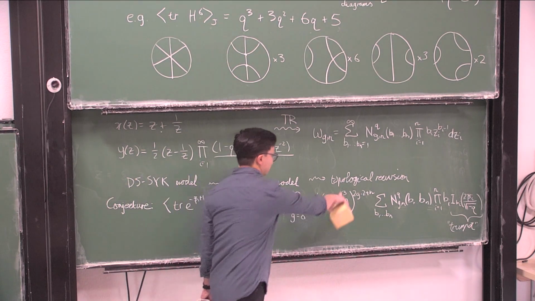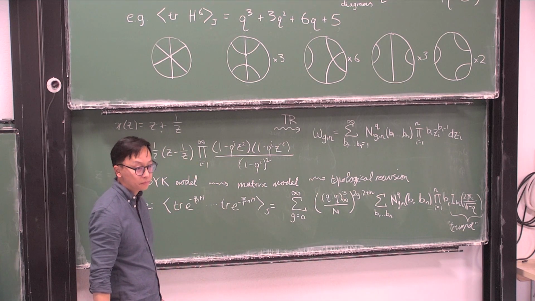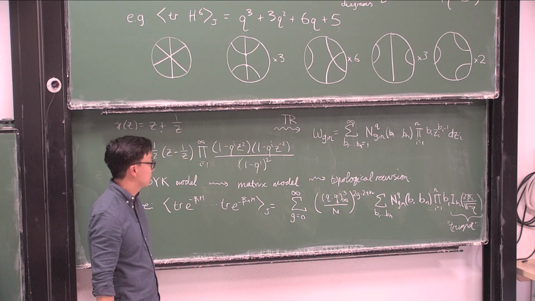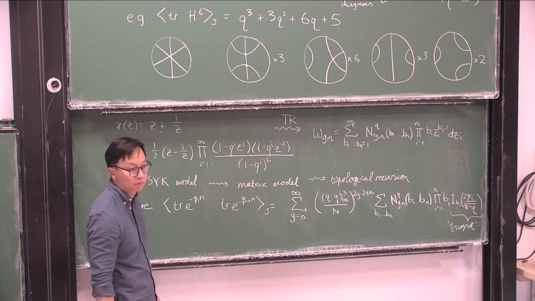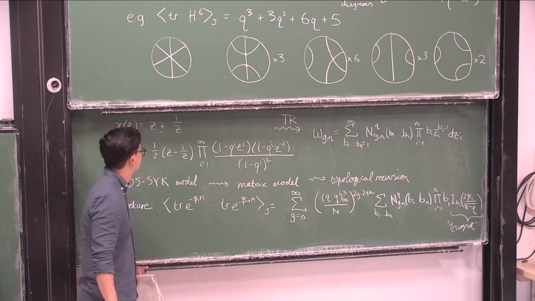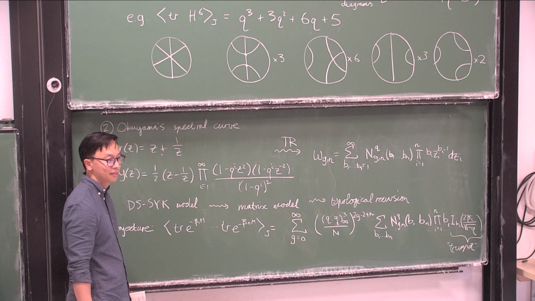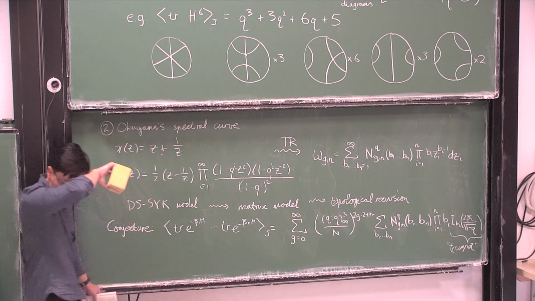If you define this as your h bar, then there's a connection between N and Q and h bar. And this will be some free energy. Does this also mean that y in the spectral curve depends on h bar? Maybe not, because N can be 1 over h bar.